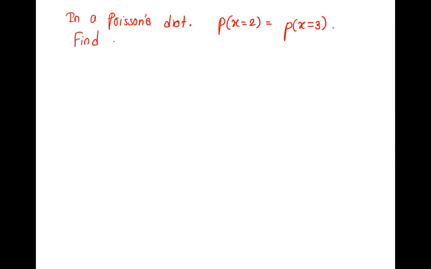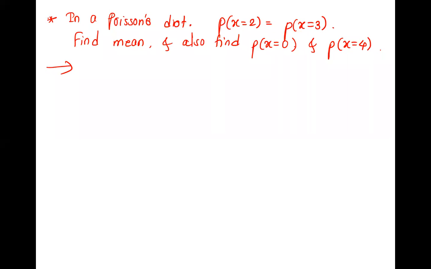Find the mean, and also find probability of x is 0 and probability of x is 4. Okay, this is the question. It is given Poisson's distribution and the statement. From that, you will find the mean.